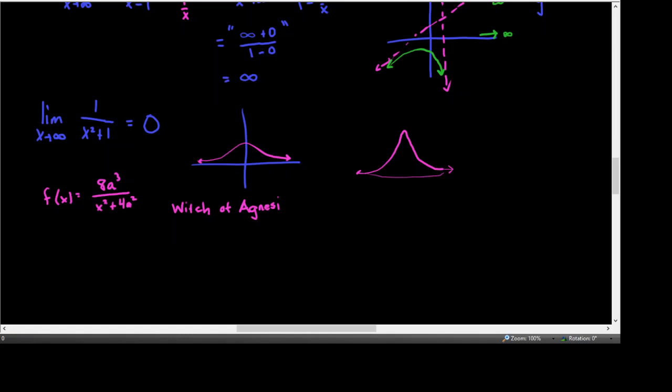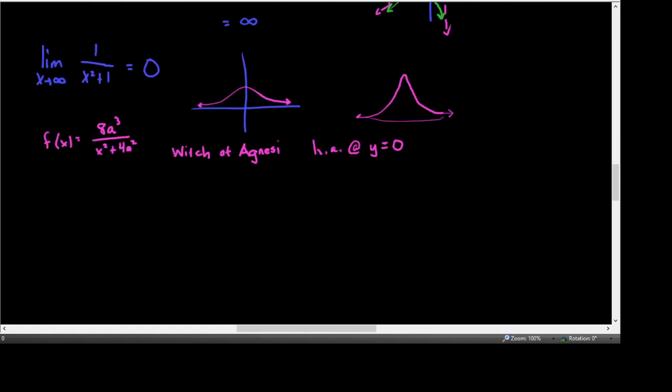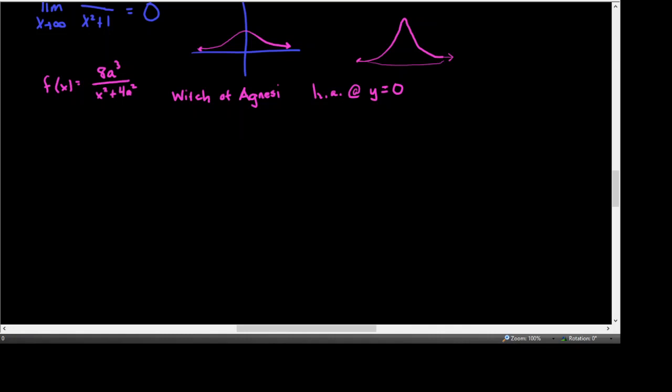And of course, what interests us is the horizontal asymptote that we get at y equals 0, because that limit gives us an answer of the constant 0. All right. Now, as it turns out, all rational functions, polynomial divided by polynomial type functions, have the same asymptotes on the left and right hand side.